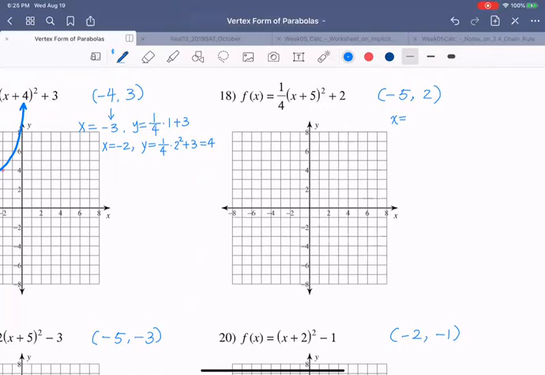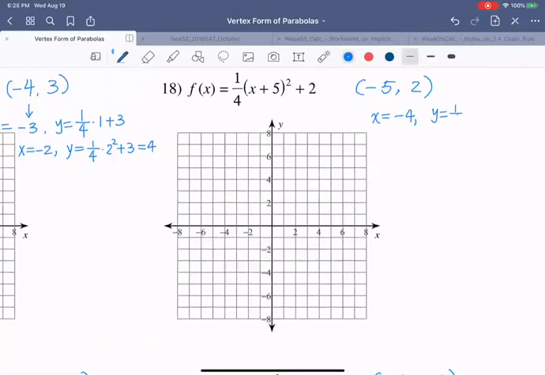If you try -4, y equals how much? 2.25. So this is 1/4 times 1 squared, right? Yes. So this is 2 and 1/4.